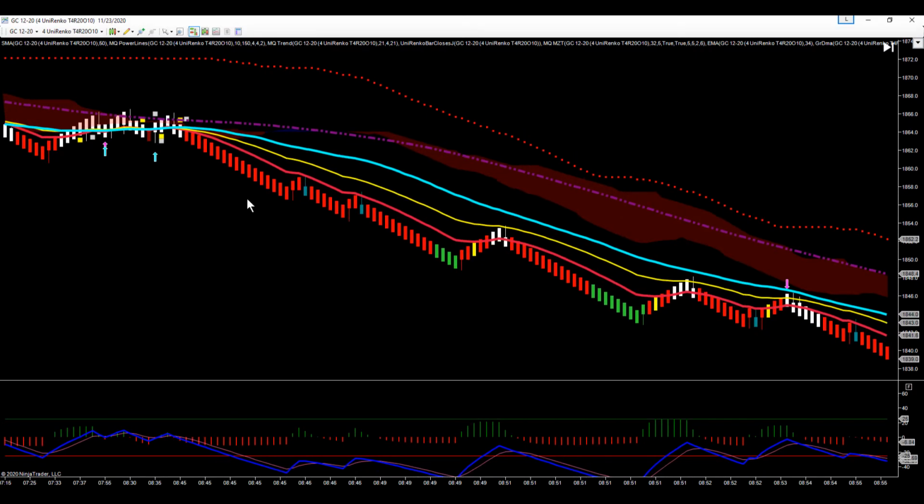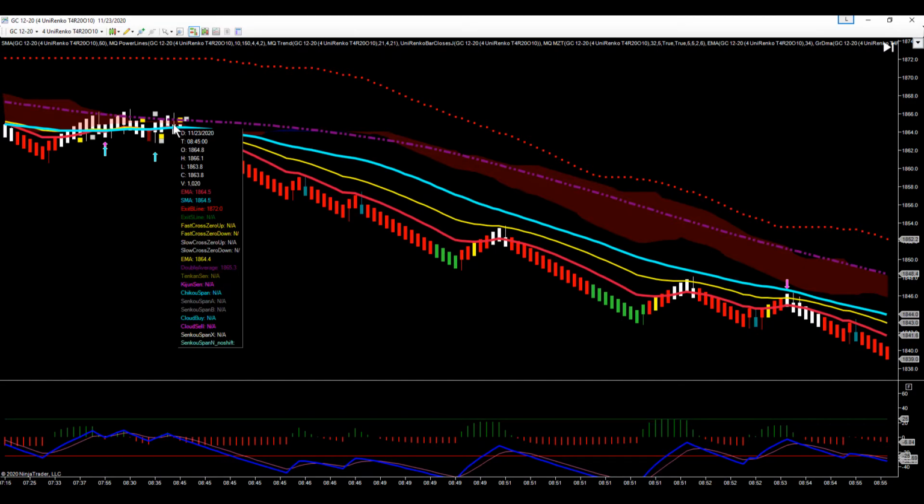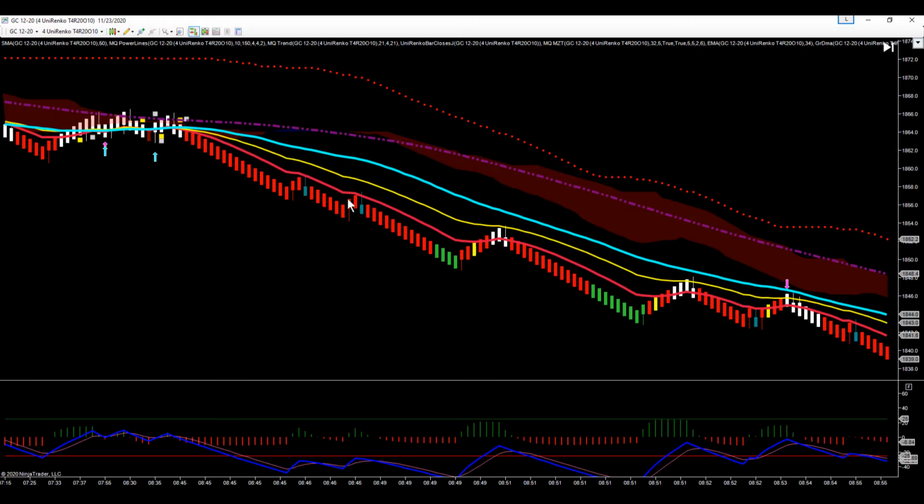If you're using Trender Pro 2.0 to manage your trade, you're in just under 1863.80, around 1863.70. No reason to get out. You finally start getting the Trender Pro 2.0 extended signal. So if you got out on the first reversal bar, that initial trade was good down to about 1851-ish or so.